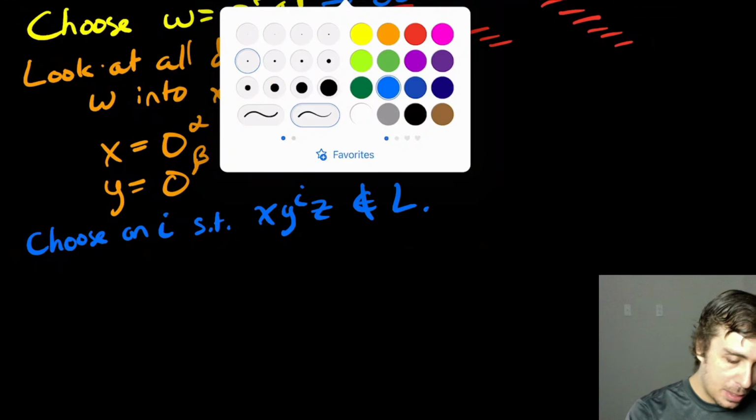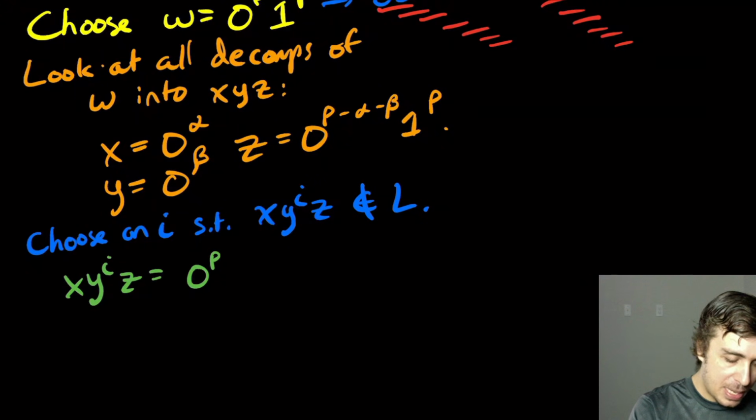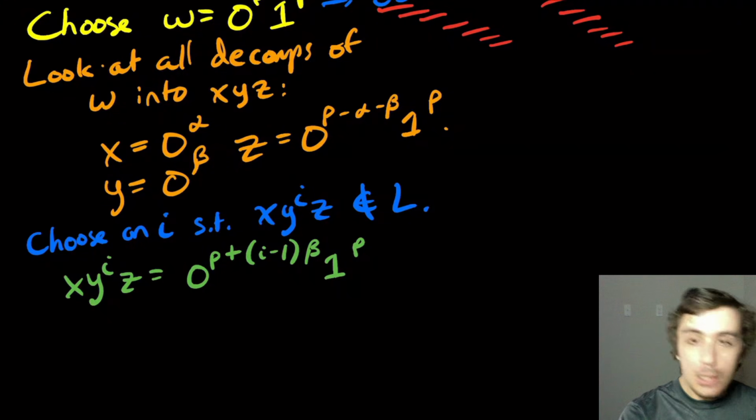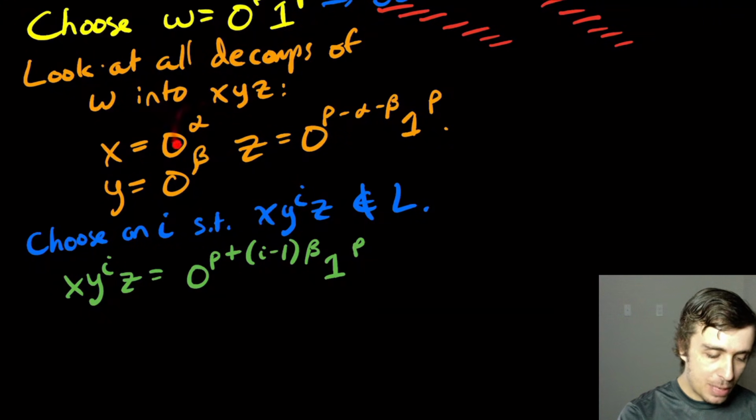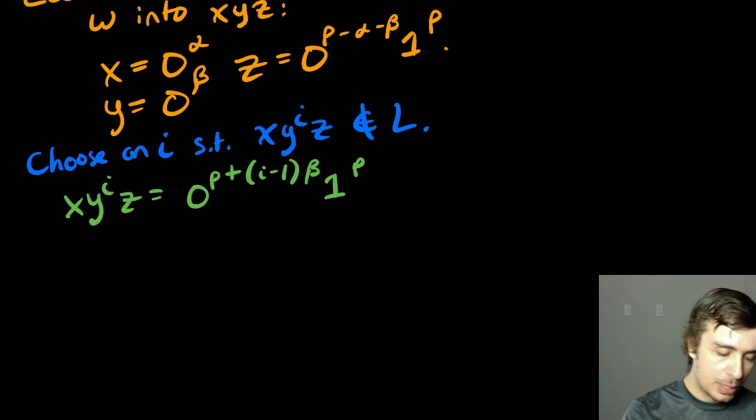If you actually compute it, it's going to be this string: 0^(p plus (i minus 1) times beta), and then 1^p. So here, because the alphas get killed off, we have i beta right here, because that's how many choices of y we have. And then we have a minus 1 beta from this. So that's where the i minus 1 comes from.